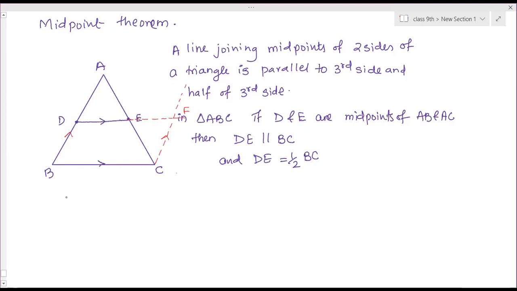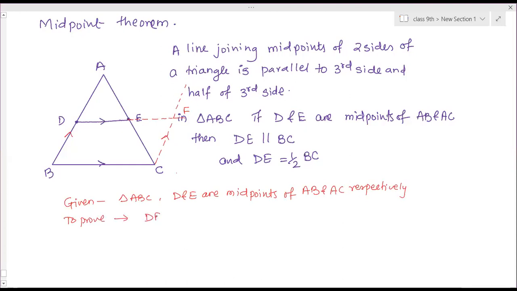So what is given? Given is triangle ABC. D and E are midpoints of AB and AC respectively. What we have to prove? DE is parallel to BC and DE is half of BC.